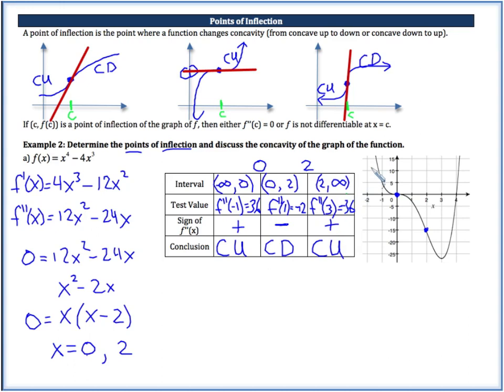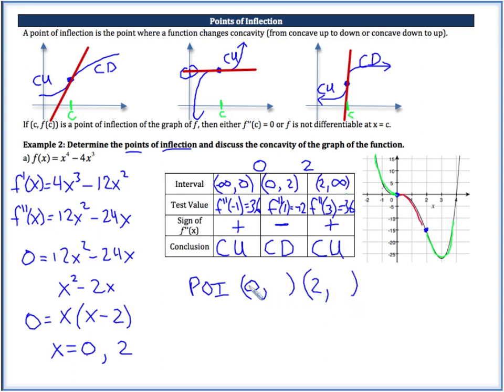Here we had concave up on that interval, then concave down on this interval, and then it switches back to concave up. Because that happens, we get a point of inflection at 0, whatever the y value is, and at 2, whatever that y value is.